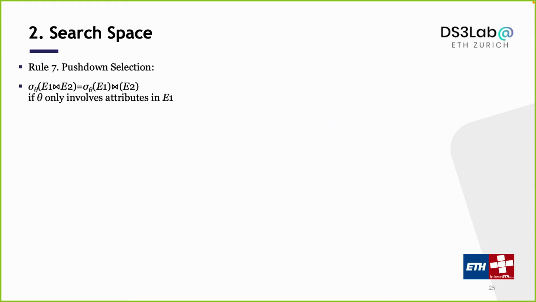I have more. Whenever you have E1 natural join E2, this is actually something very interesting. When you have E1 join E2, and then you do selection over the result, if your selection predicate only involves an attribute on E1, you can actually push down this selection.